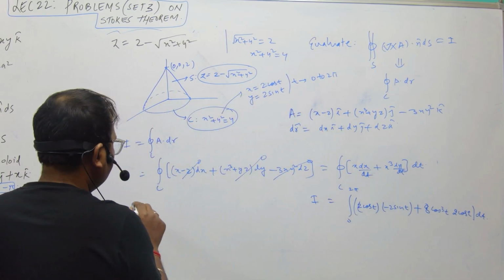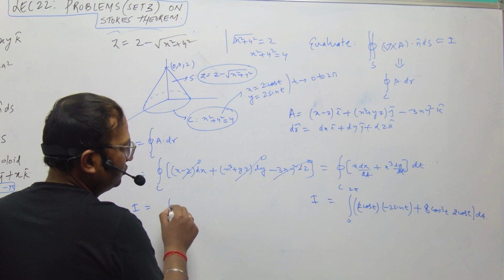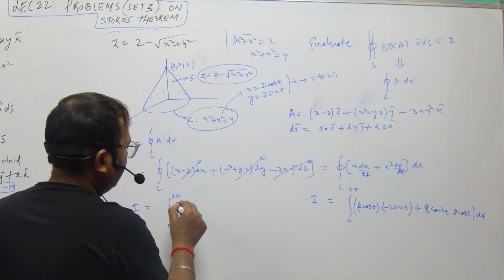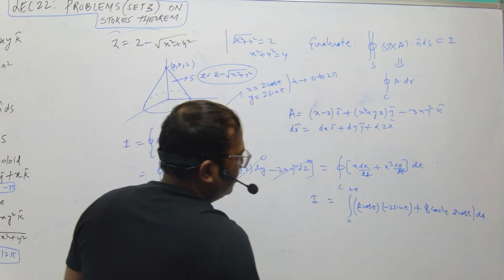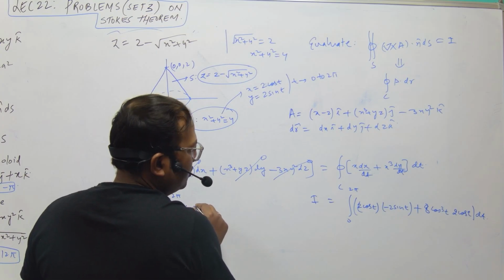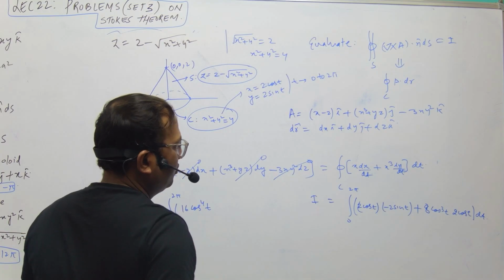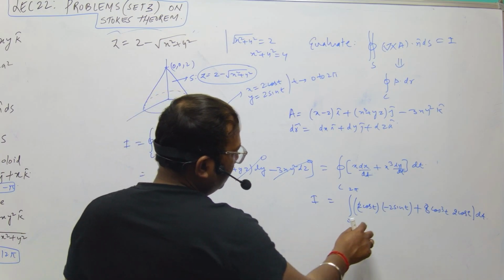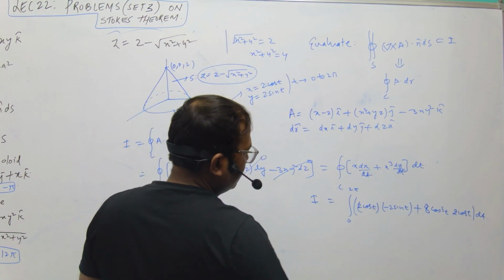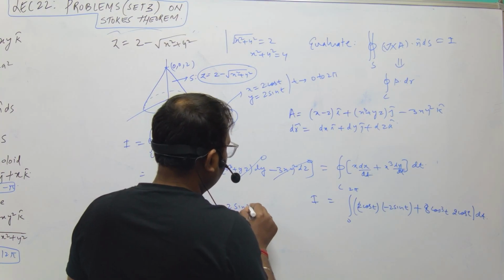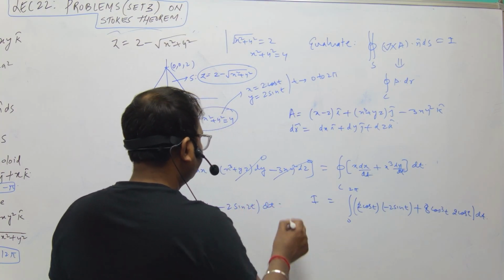So I is equal to the integral from 0 to 2 pi of 16 cos 4t, minus 2 sin t cos t, that is minus sin 2t, into dt.